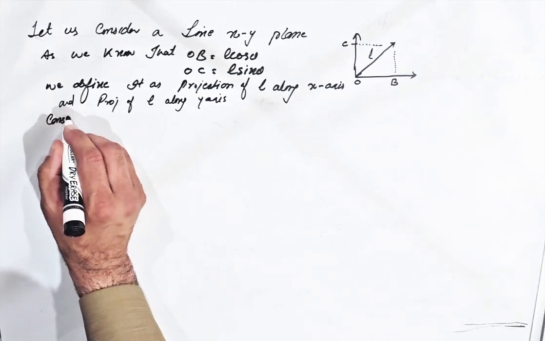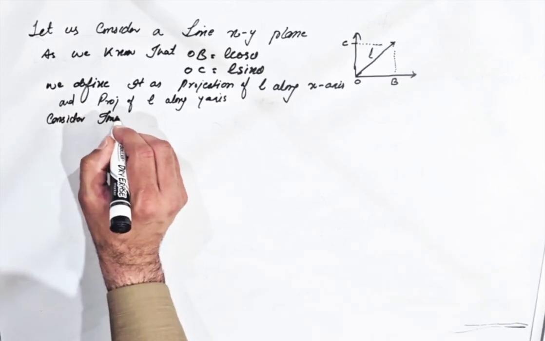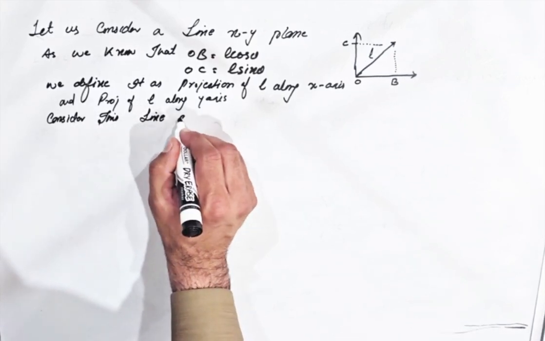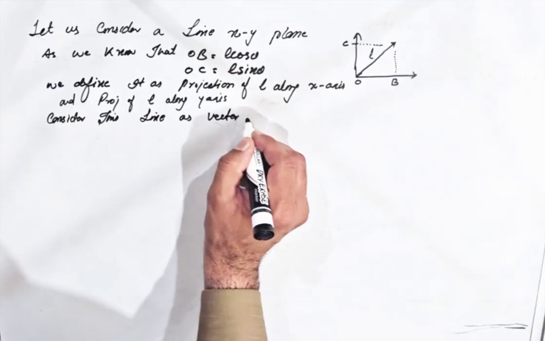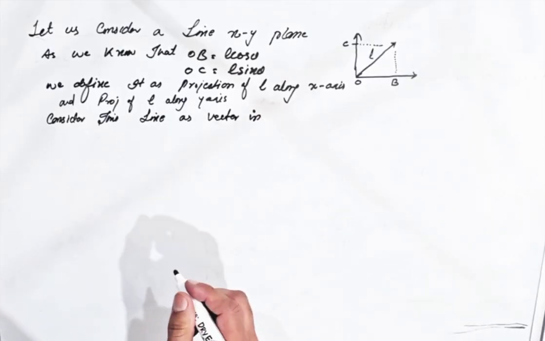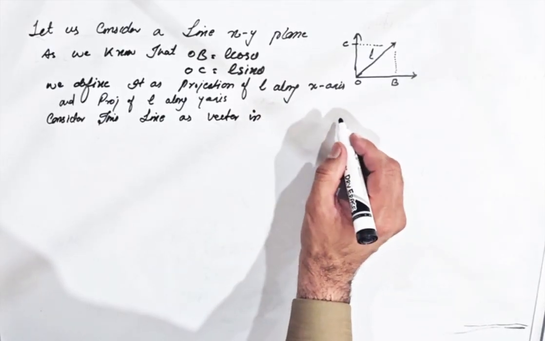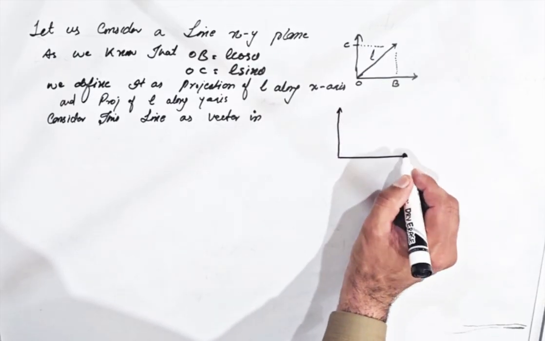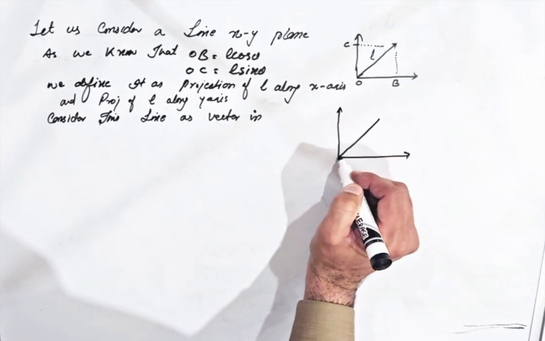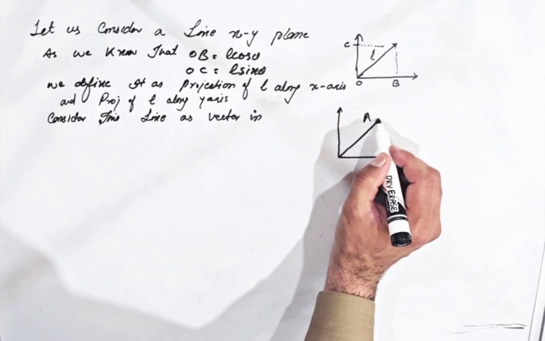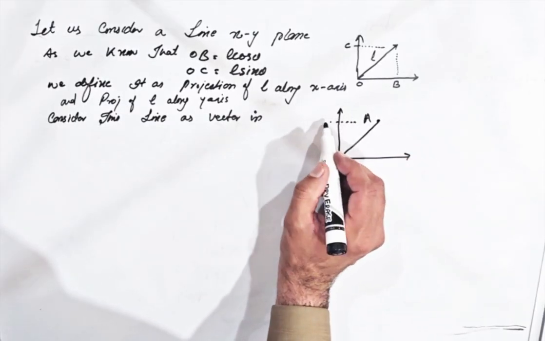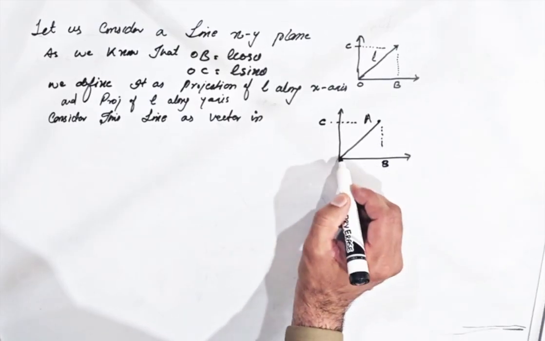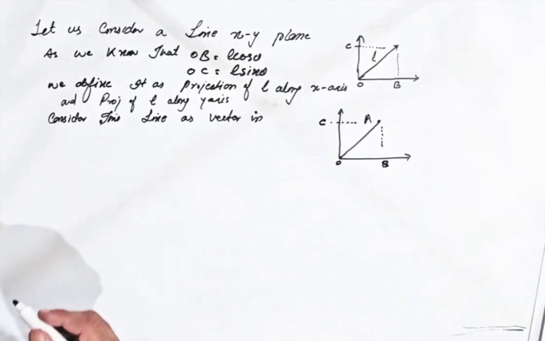Consider this line as a vector in, let's say, vector space. Then this is vector A, this is OC, this is OB, this is origin.